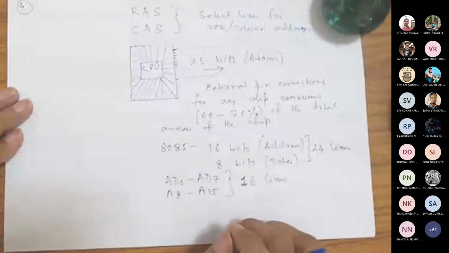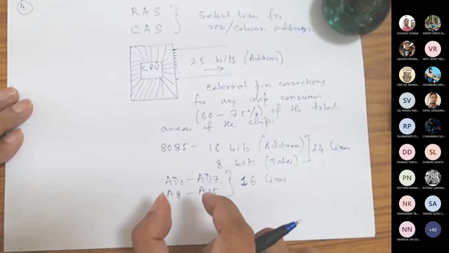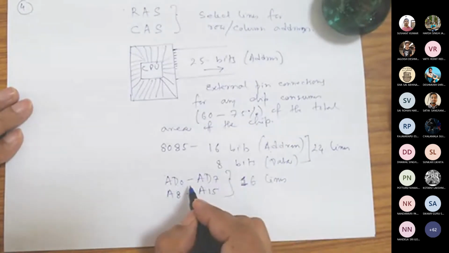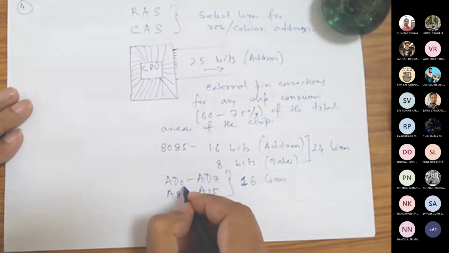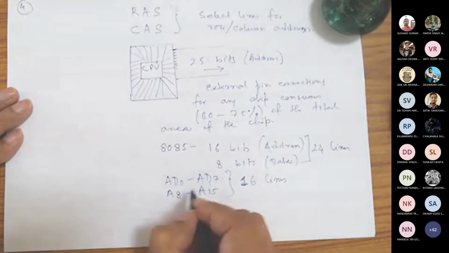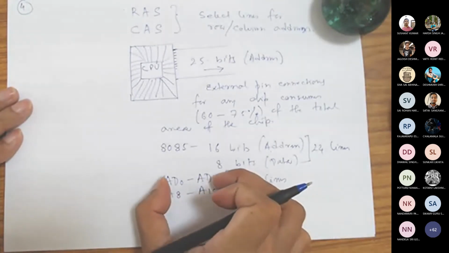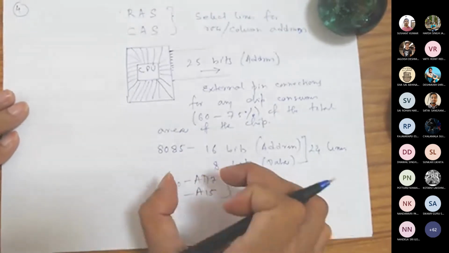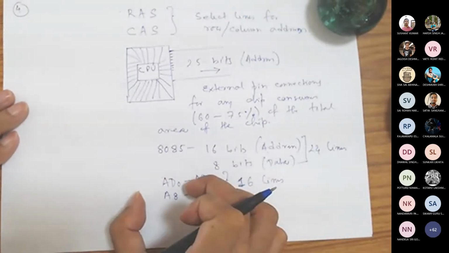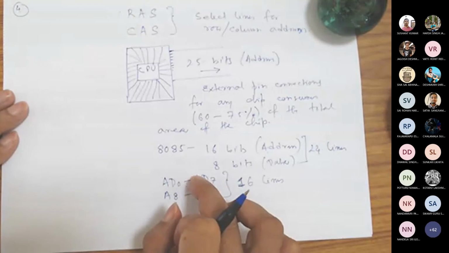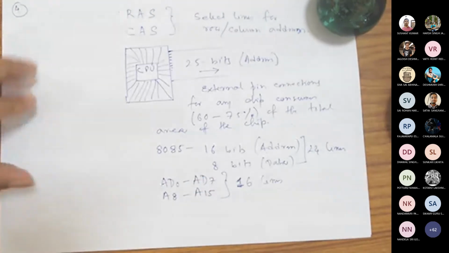What they have done is multiplex the lower-order address A0 to A7 with the data. That's why these lines are called AD0 to AD7. Sometimes these lines work as A0 to A7, and sometimes as D0 to D7.